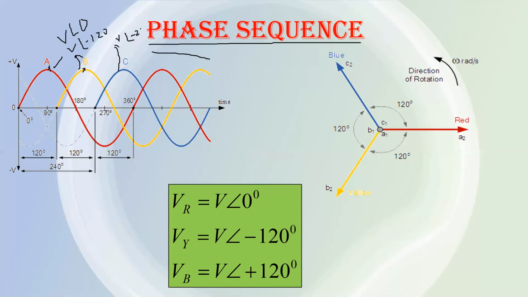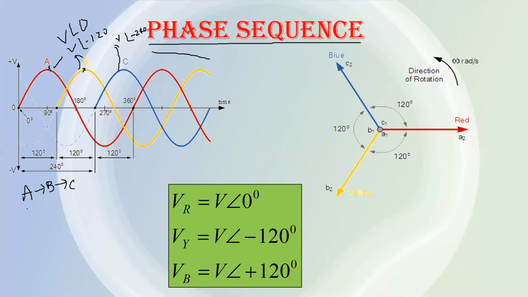So in this example, you can see that the order in which the phase voltages attain their maximum is A, B, and C. So its phase sequence will be ABC. This is the meaning of phase sequence.